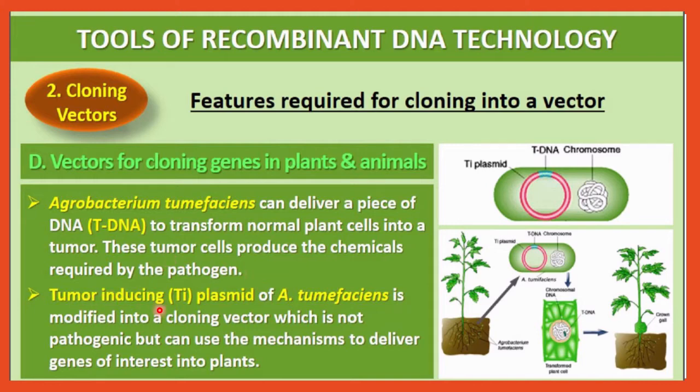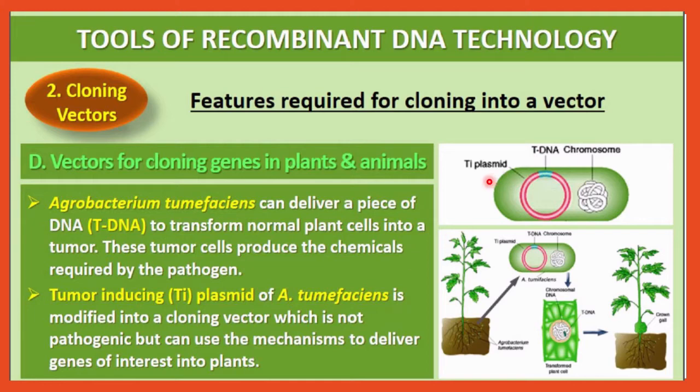Now, the tumor-inducing plasmid, also called the Ti plasmid, of Agrobacterium tumefaciens, is modified into a cloning vector. It is actually not pathogenic, but it can use the same mechanism to deliver genes of interest into the plant cell.